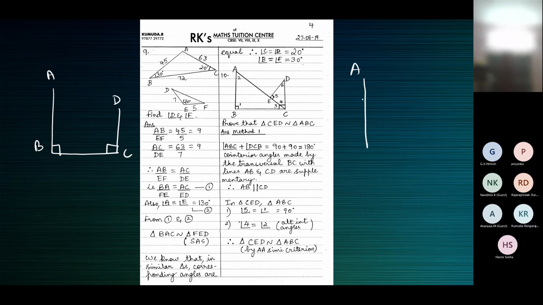AB and DC are two lines perpendicular to the same line BC. So they are parallel to one another.